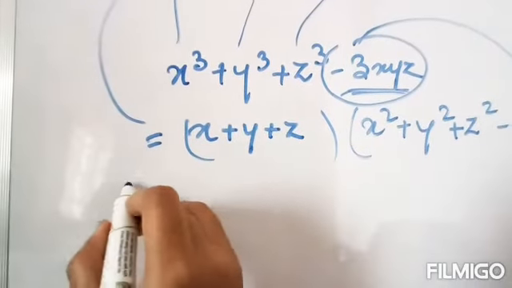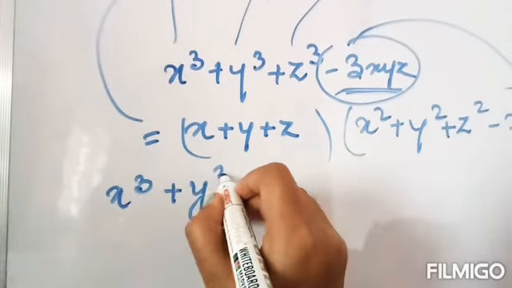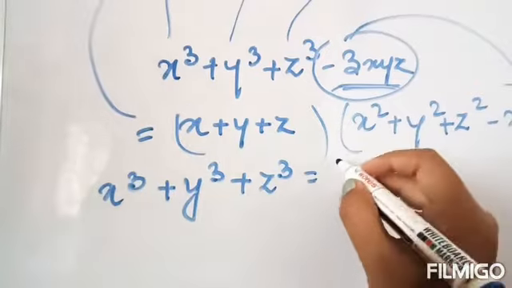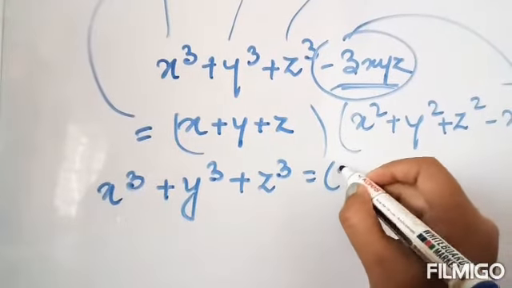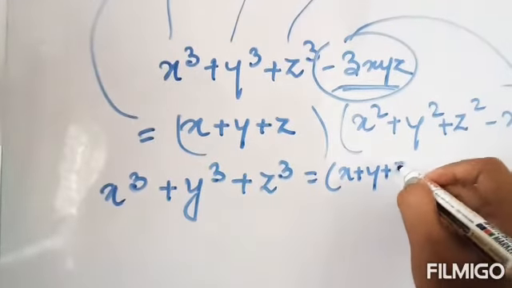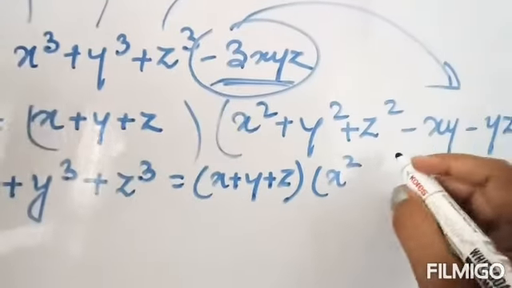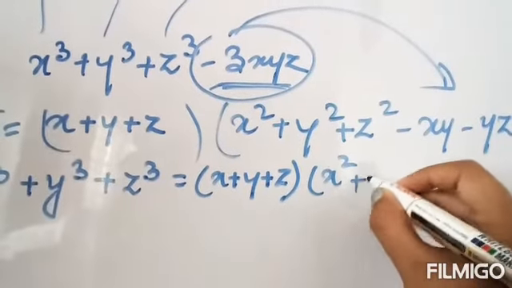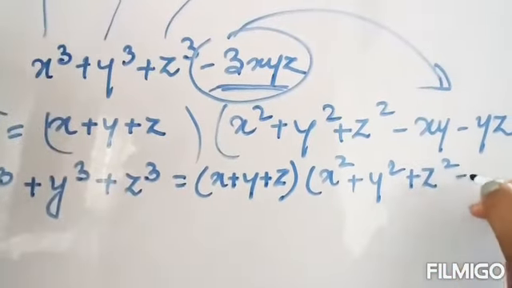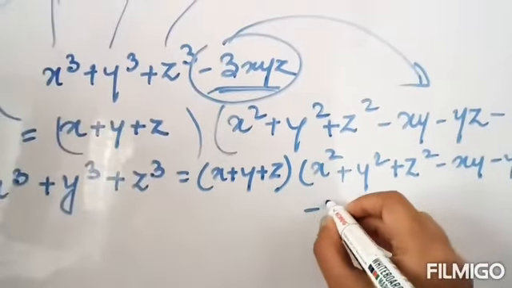So from this identity we'll take x cube plus y cube plus z cube is equal to x plus y plus z into x square plus y square plus z square minus xy minus yz minus zx.